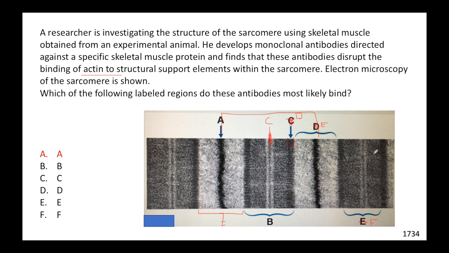So wait, what is E then? E is the I band, so that's where we have just the actin. The darker portion, all of this here, is where myosin is.